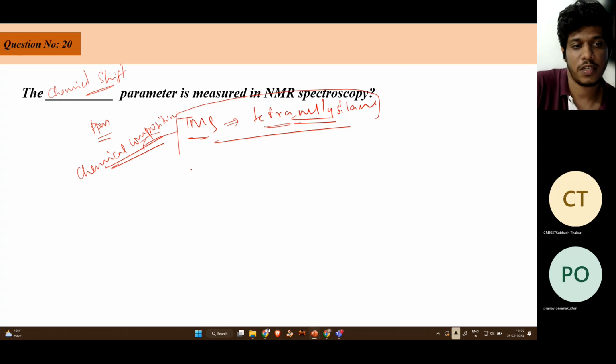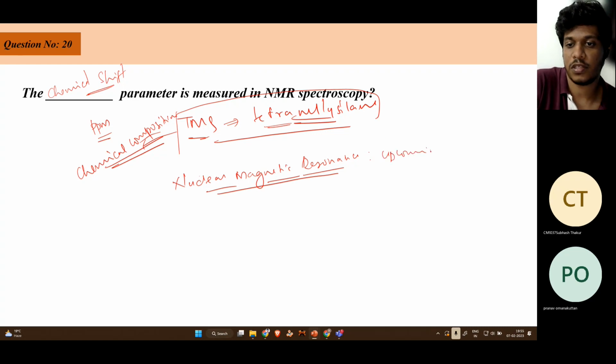So this technique, nuclear magnetic resonance, is yet another technique that we would discuss in great detail in the upcoming lectures.